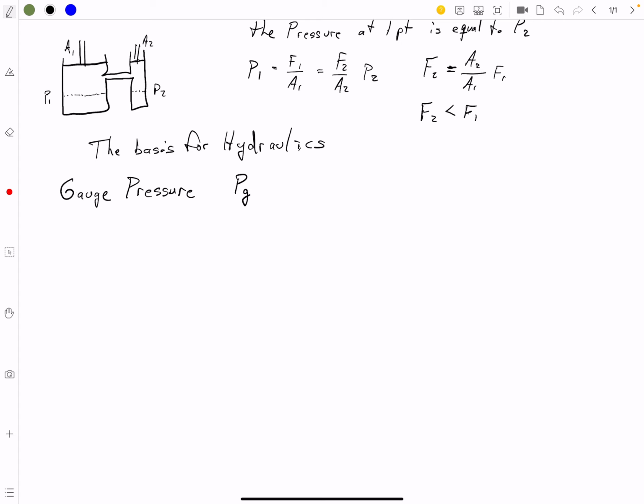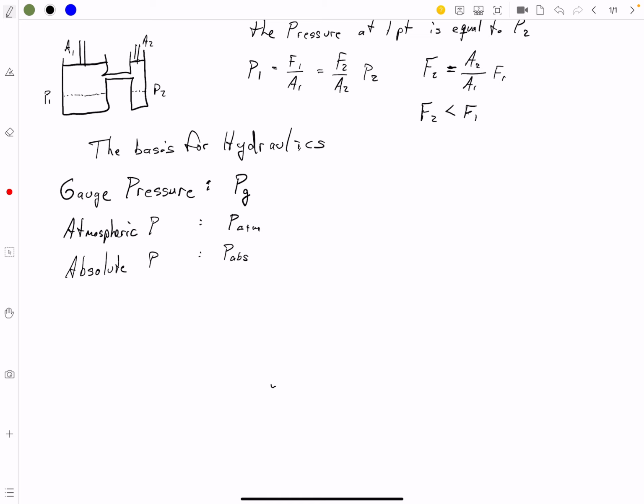So we call the gauge pressure PG. We call atmospheric pressure PATM. And then we call our absolute pressure PABS.